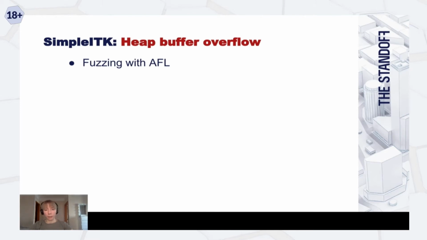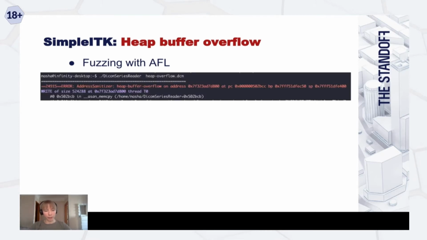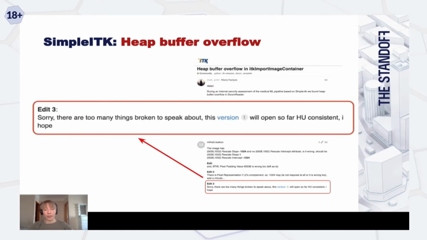I used fuzzing as one of the methods of finding vulnerabilities there, and after a while, AFL found a buffer overflow. A funny story happened with the vendor. I contacted the vendor and said that this file is triggering the overflow, please check out the source of the problem, and possibly you need to fix it.